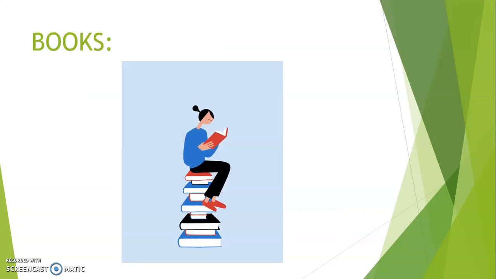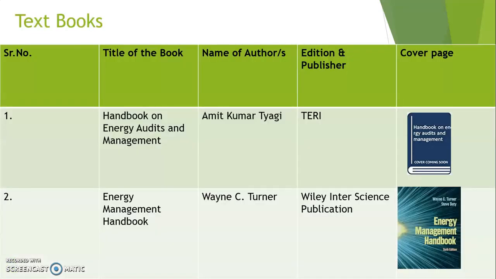Now let us discuss the books that you need to refer to for studying this subject. These are the textbooks given by Nagpur University for this particular subject. Handbook on Energy Audits and Management by Amit Kumar Tyagi, TERI publication. Then Energy Management Handbook by Wayne C. Turner, Wiley Interscience publication.